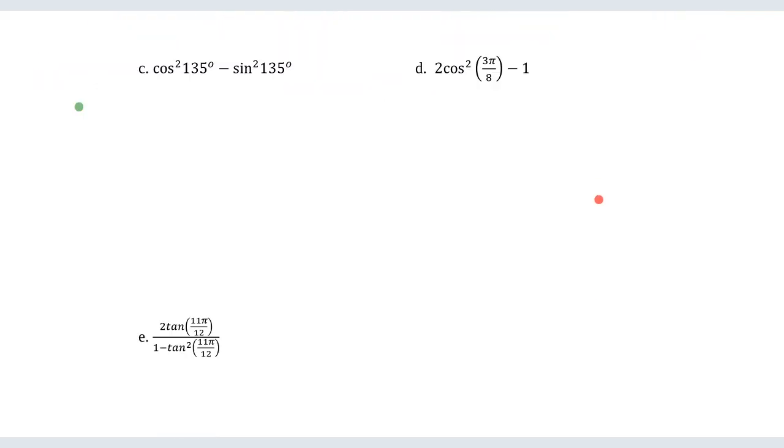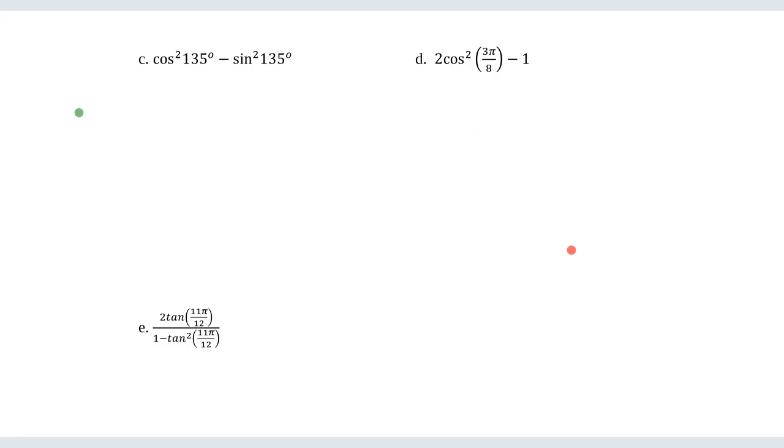Now moving on to the next two items here. If you are getting comfortable now, you can go ahead and pause this video and try it on your own independently. After that, resume the video and compare your answer. As you can see, we have a process similar to the last two examples.